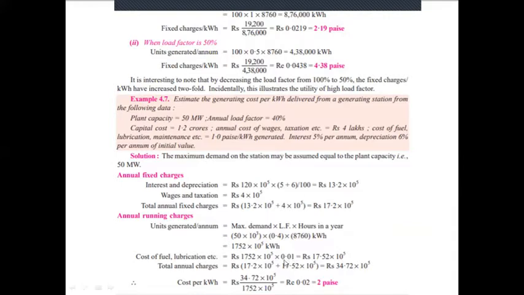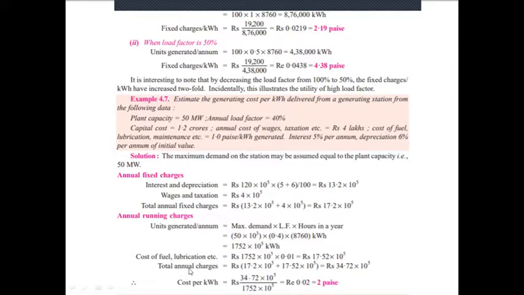So 0.01 into the total number of units generated will give the cost of fuel, lubrication etc. These are nothing but the running charges, equal to 1 paise per kilowatt hour generated. So what will be the total amount for cost of fuel and lubrication charges? That is 1 paise into the total units generated. Here again we have expressed in rupees, so that's why 1 by 100 is 0.01, and into this you will get rupees 17.52 into 10 to the power 5.